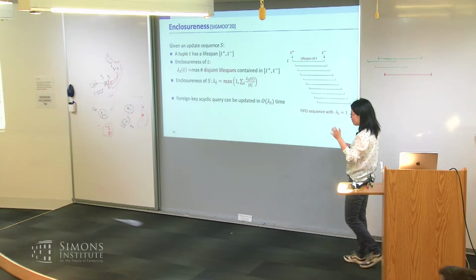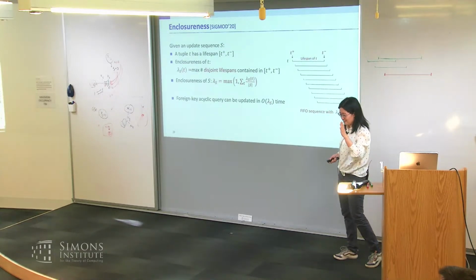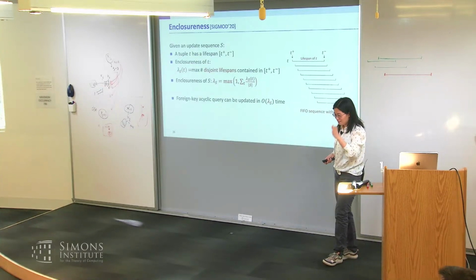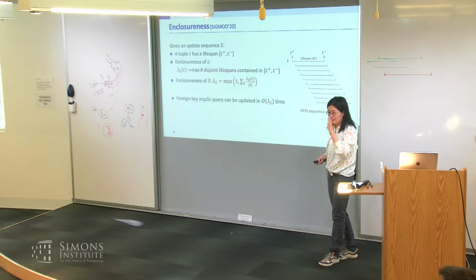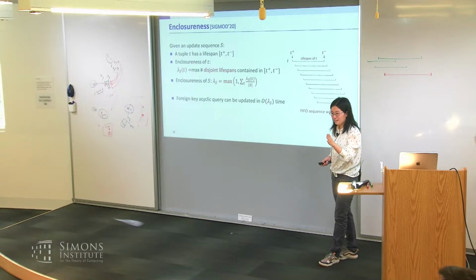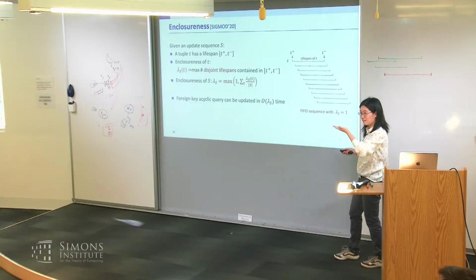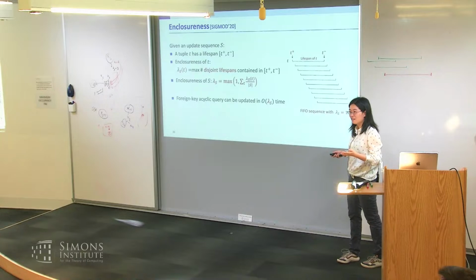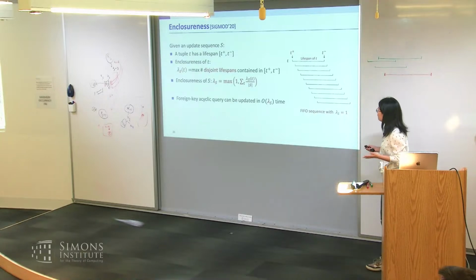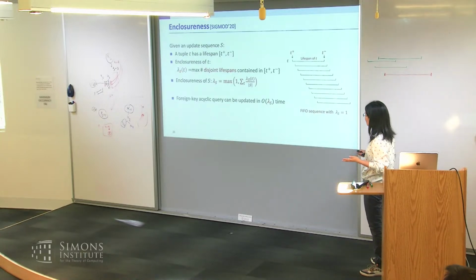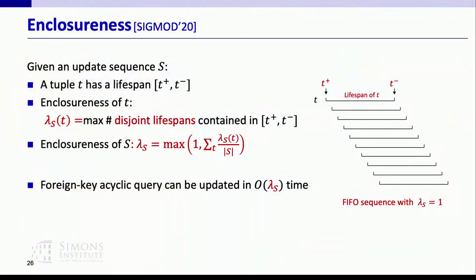Updates you can interpret as the insertion or deletion, the timestamp, and which tuple for which relation. For the picture here, does every tuple have 0 enclosed? Exactly. We just require the enclosure list to be at least 1. And the big O is with respect to the entire sequence? Entire sequence, yeah.